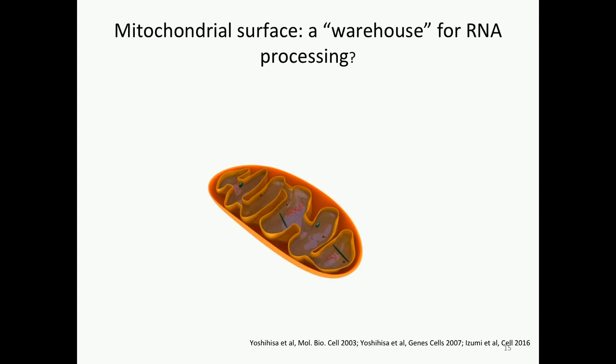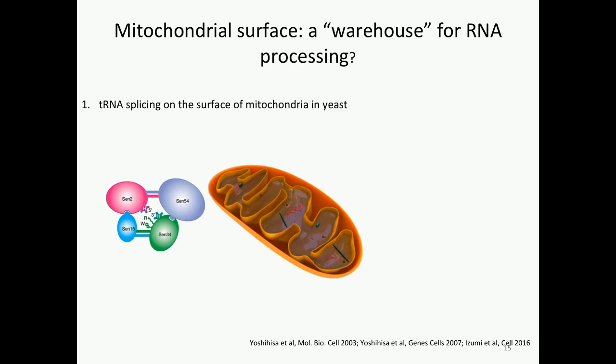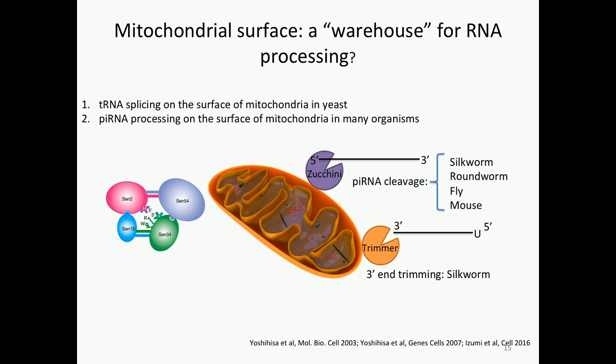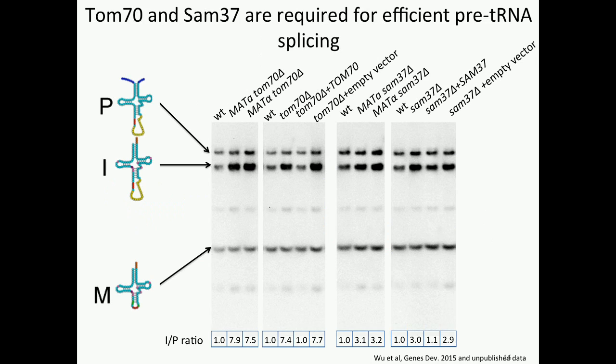And we're interested in this because the mitochondrial surface, the cytoplasmic surface, seems to be a warehouse for RNA processing. I told you that the tRNA splicing endonuclease in yeast is housed there, but in metazoan cells, the pi-RNA processing, 5' and 3' processing machinery is also located there.